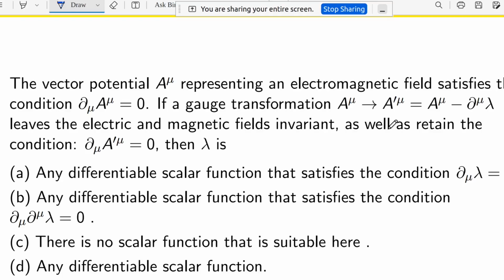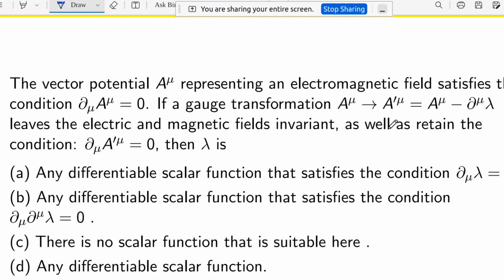Lambda is any differentiable scalar function that satisfies the condition del mu lambda equals 0. There is no scalar function that is suitable here. Any differentiable scalar function.